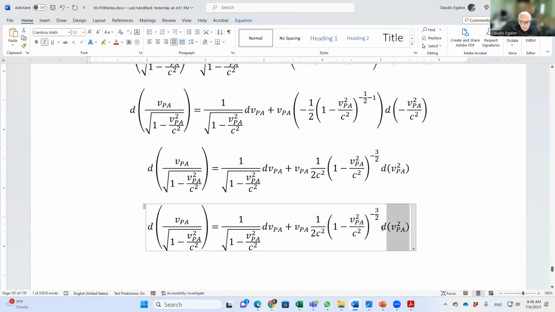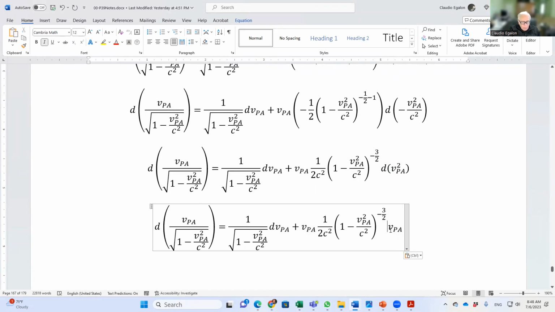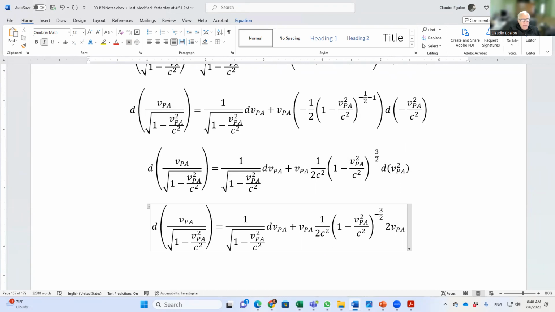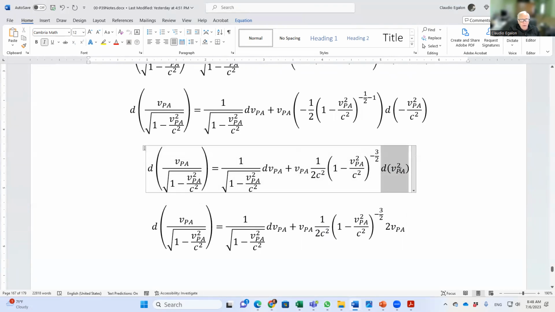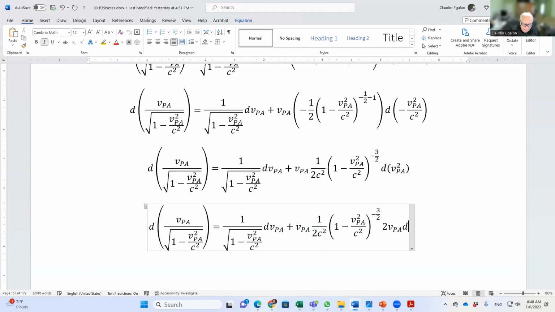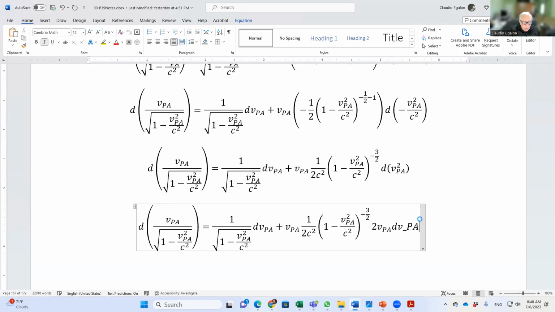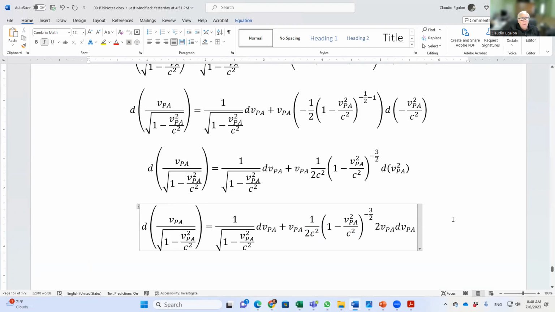Now we are ready to write everything the way it's supposed to be written. We have to write 2 because we're differentiating the total derivative, right? We're differentiating VPA squared, and then we end up with an integrating term that is just the same as this one.